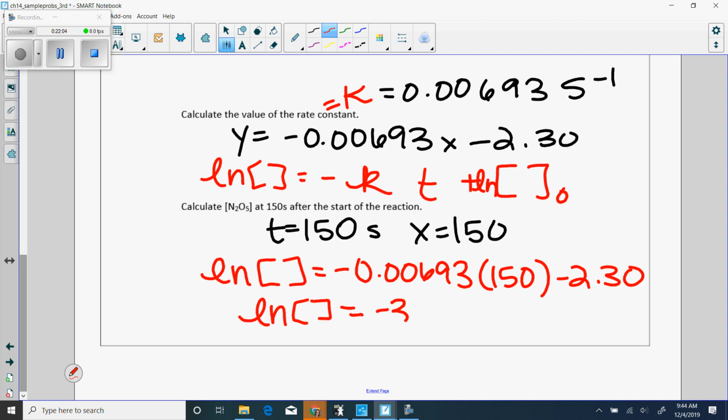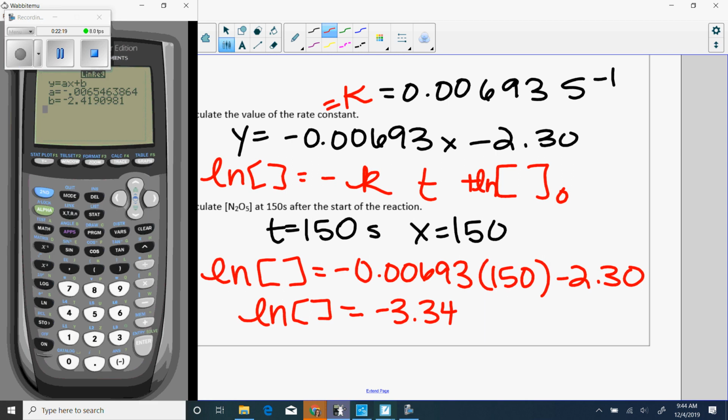Did you get negative 3.34? But that's not your answer, right? Because that's the ln of the concentration. Do you remember how to undo an ln? Second, ln is e. Natural log has a base of e.